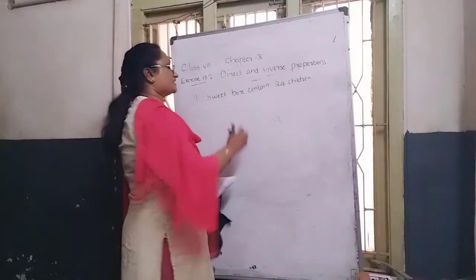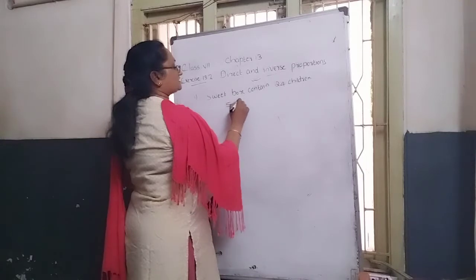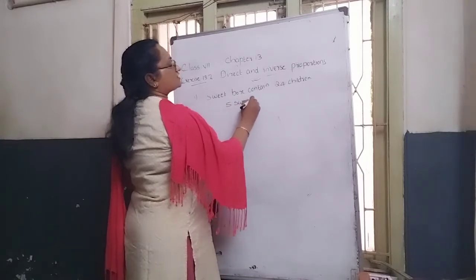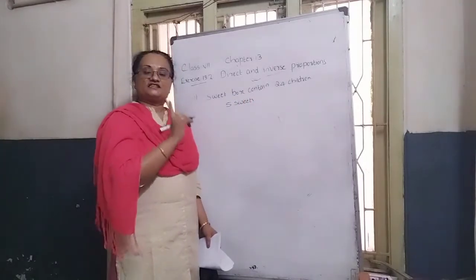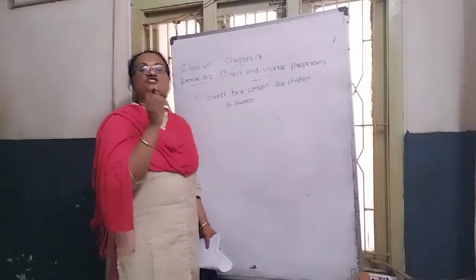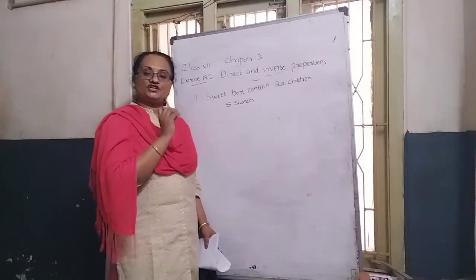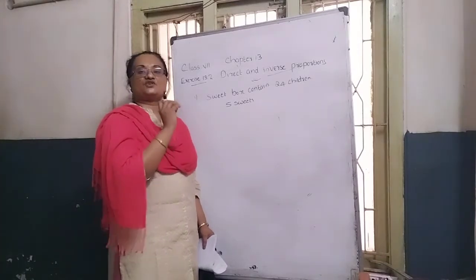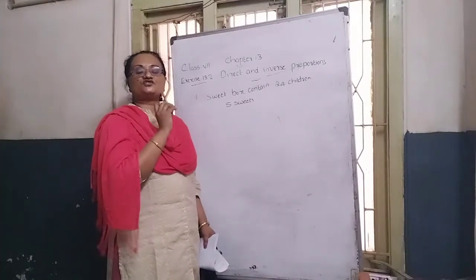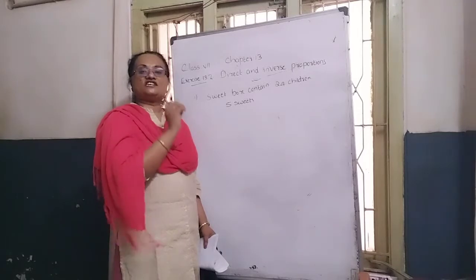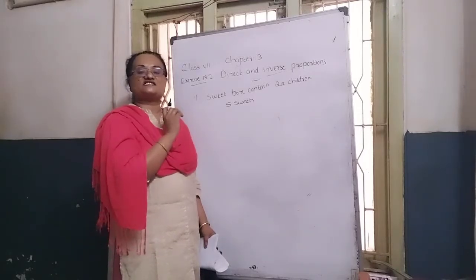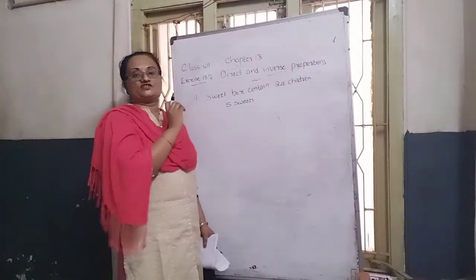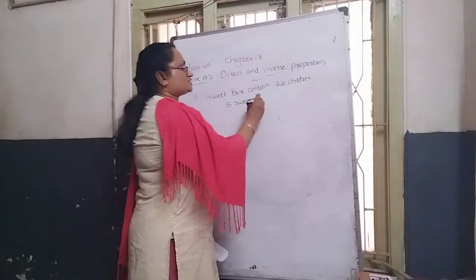Each child gets 5 sweets. Just imagine a classroom with 24 children. They decided to give one box of sweets to the children. Each child, how many sweets? 5 sweets. This is the first case.